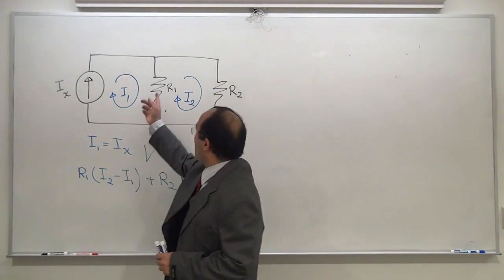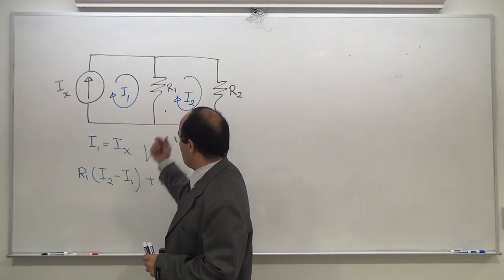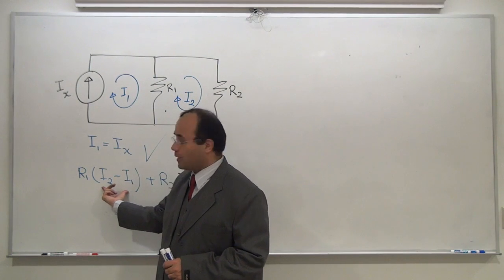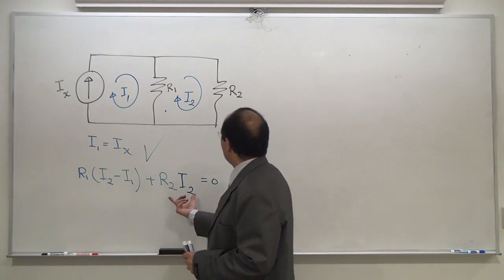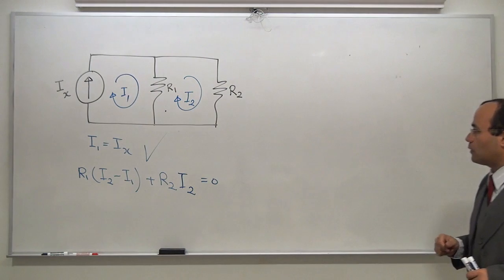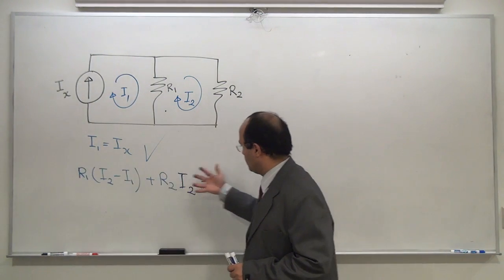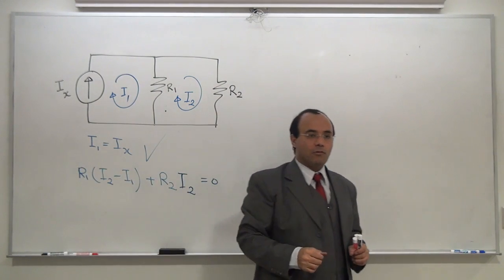So this is going to be R1 times I2 minus I1, I2 takes the lead, I1 is following it, and they are opposing each other, and then I have R2 times I2 is equal to 0. Since I know I1, I'm going to have this as one equation, one unknown.